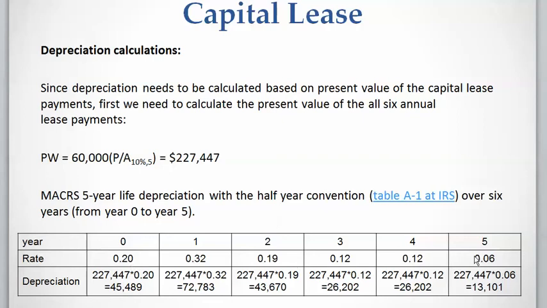These are the rates that we read from the table, and we multiply them in order to calculate the depreciation for each year. We multiply these rates by the present value of capital lease payments. For example, for the present time, we multiply this present value by the 20%. This is the depreciation at present time. Same method for year 1 to year 5: the present value of capital lease payments multiplied by the rate is the depreciation for year 1, and so on.